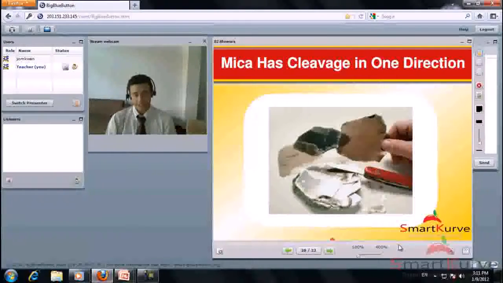Mica is a silicate, so it has silicon and oxygen along with an alkali such as potassium, an alkali earth metal like magnesium, and then a transition metal like iron or aluminum. All of these elements are in mica, and it breaks into sheets because of the way these elements are arranged.